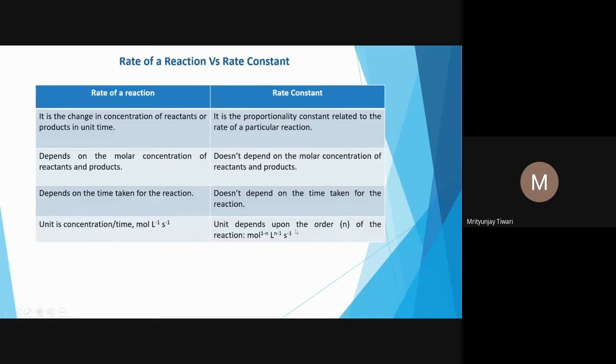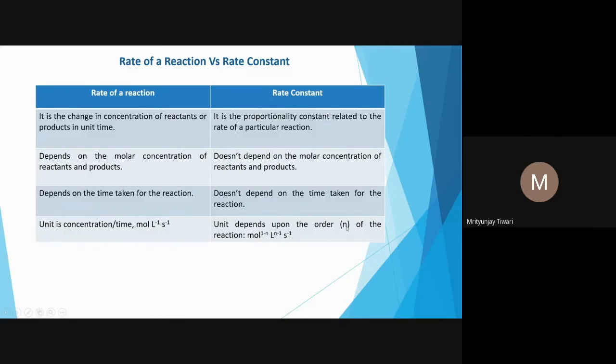However, for the rate constant, we have seen that the unit depends on the order of the reaction. The unit of the rate of the reaction doesn't depend on the order of the reaction. It is always going to be concentration divided by time. If the concentration is in mole per liter, then for any order reaction the unit of rate will be mole per liter per second. However, the unit of the rate constant depends on the order of the reaction.